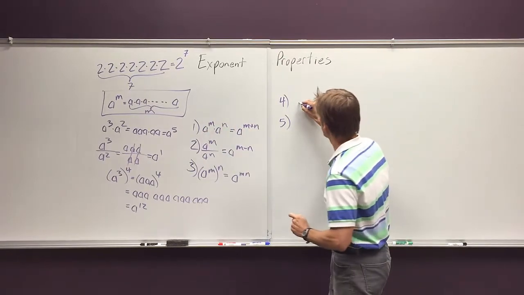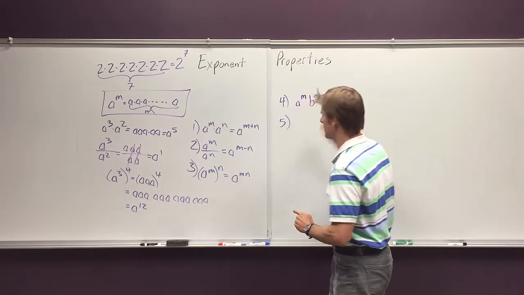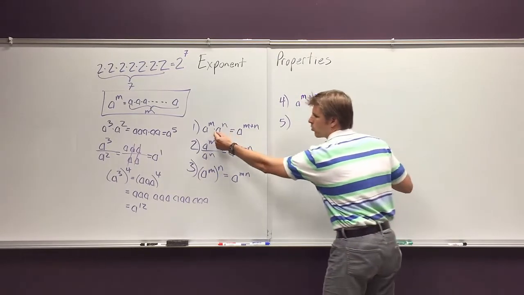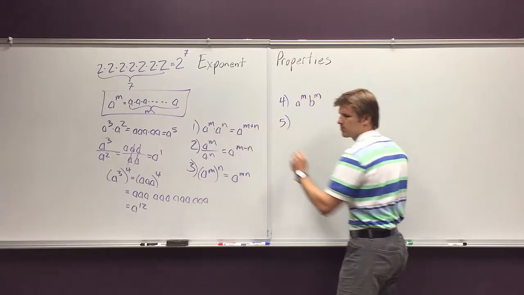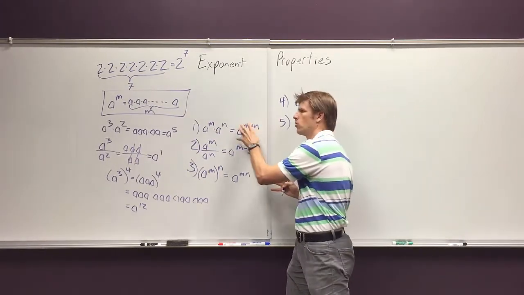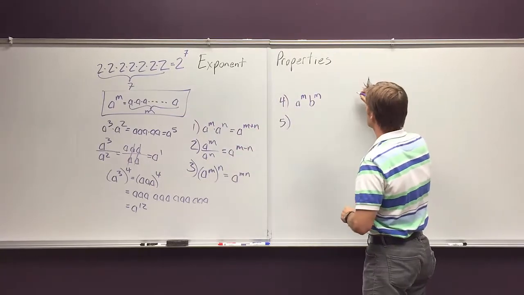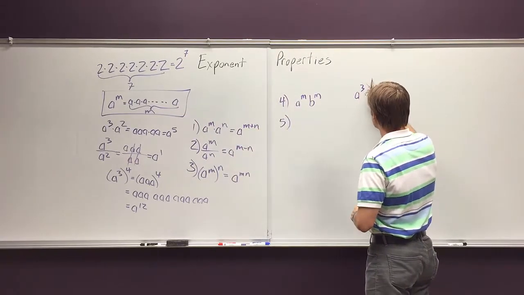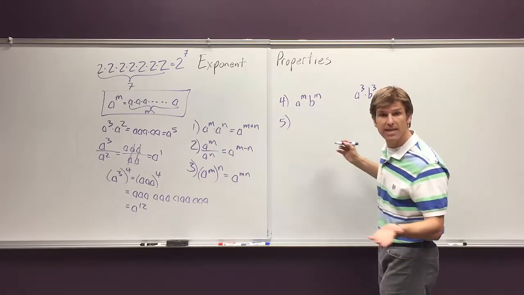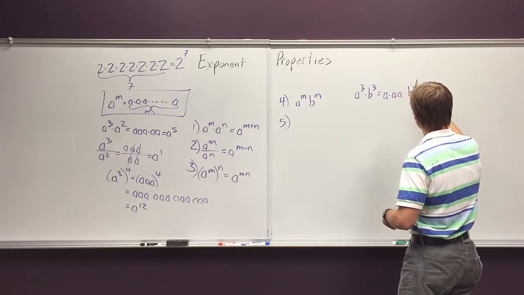What happens though if I have a to the m times b to the m? Well, here, when you multiplied, you added the exponent. What happens here? Don't try and blindly hold on to a rule. Hold on to the definition of the symbol. What would happen if I had a to the third times b to the third? Well, by definition, that would be 3 a's and 3 b's.